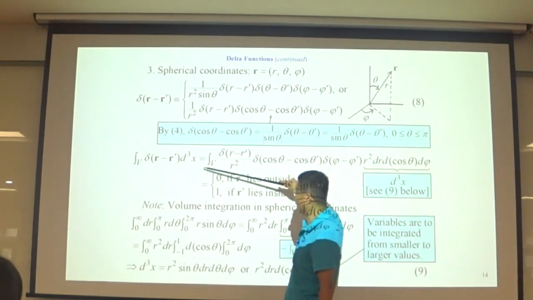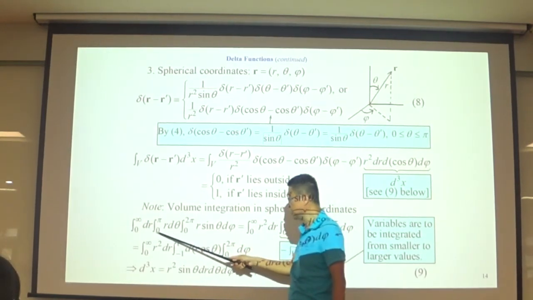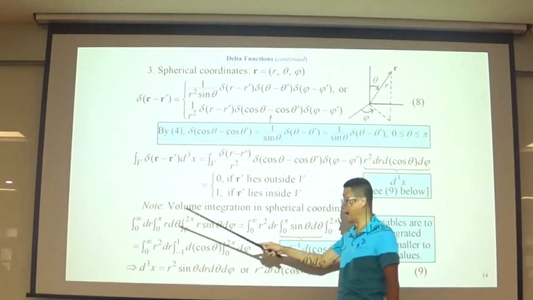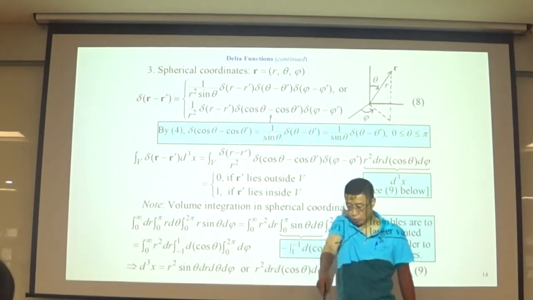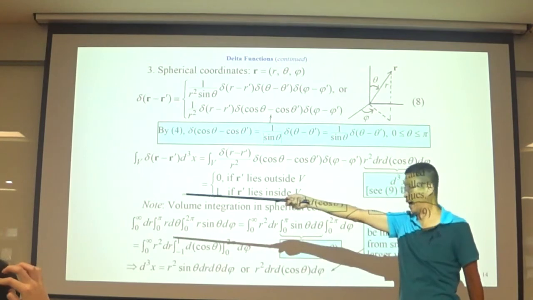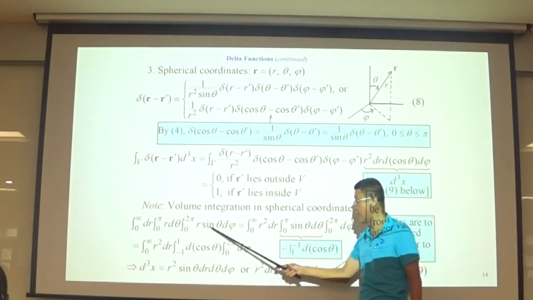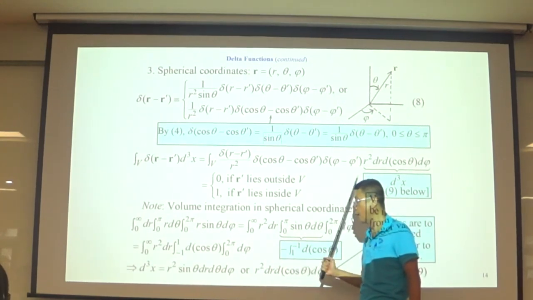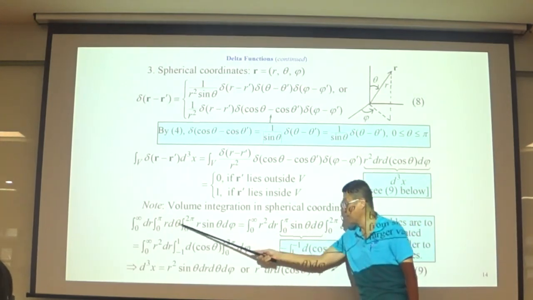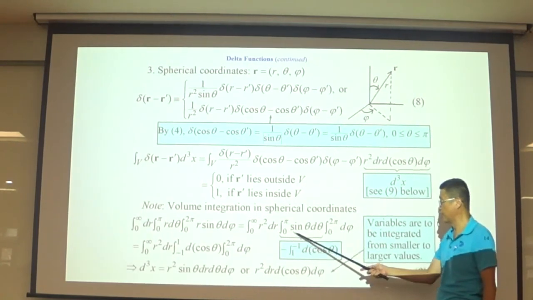Integration, this one, from 0 to infinity dr, from 0 to pi, from 0 to 2 pi, from 0 to pi r sine theta d phi. Okay? And then this one gives us sine theta, move to here.